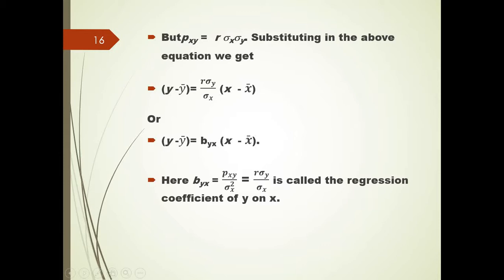Again, I repeat, for a regression equation with y as the dependent variable and x as the independent variable, it is written as y minus y bar, first writing the dependent variable, equal to byx, where the first suffix is the dependent variable and the second suffix is the independent variable, into x minus x bar.